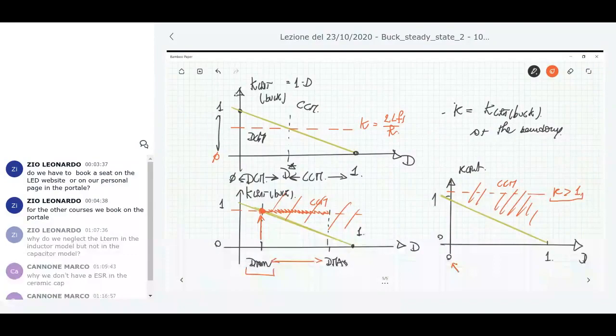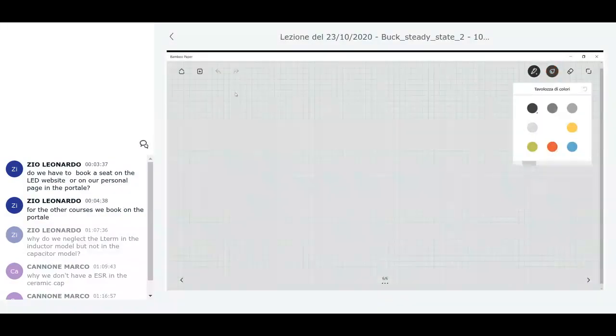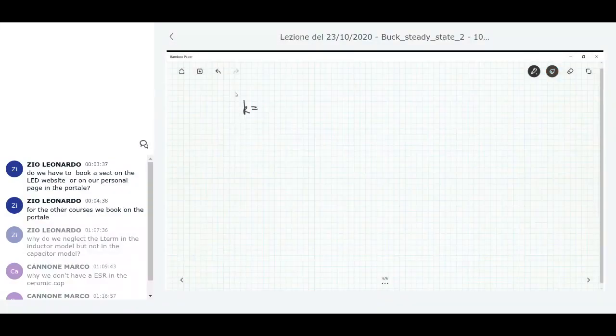This is what happens here. In that situation, K is 2 L f_s over R higher than 1, which means that L is higher than R over 2 f_s.